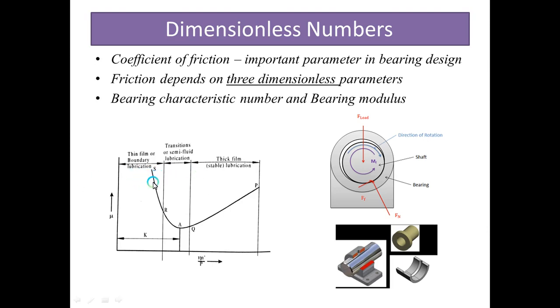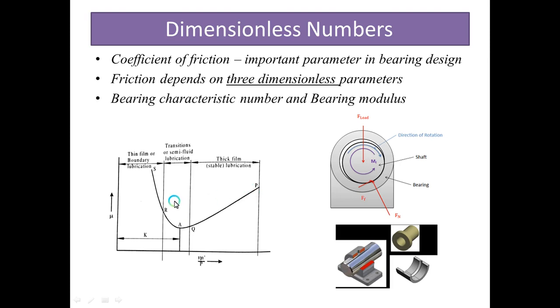During starting it will be less, then at some point it will reach a very low value at point A, and suddenly it will rise due to the increase in speed. The friction may increase due to metal to metal contact. The stable lubrication, where there is no metal to metal contact, exists between Q and P.